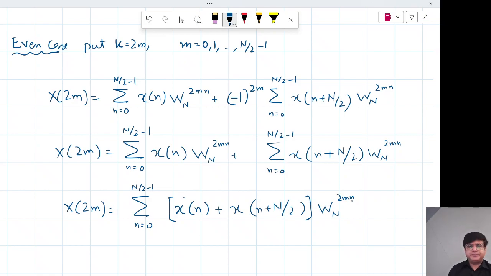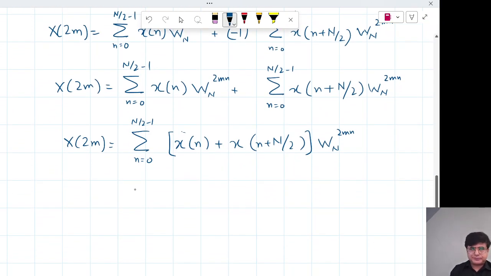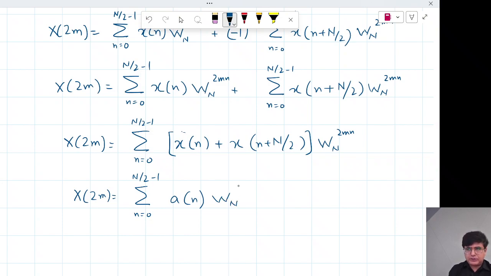Clear? And this thing I can write as n goes from 0 till N over 2 minus 1, and in place of this whole thing, I can just replace it with a of n times W subscript N to the power 2mn, where this a of n is equal to just X of n plus X of n plus big N over 2.